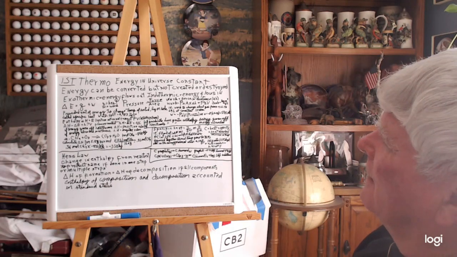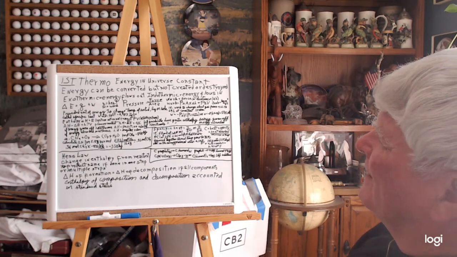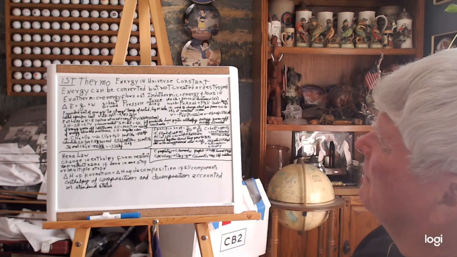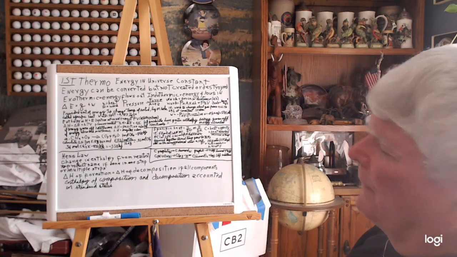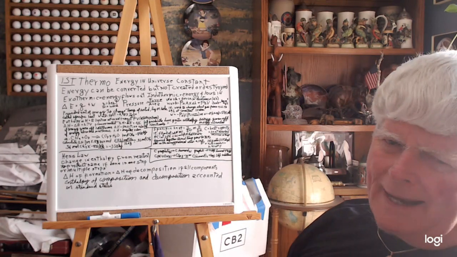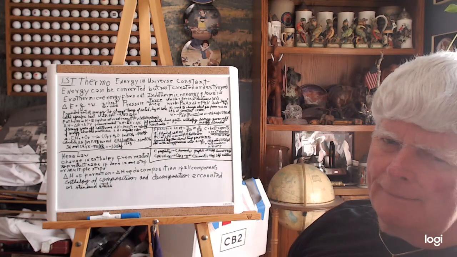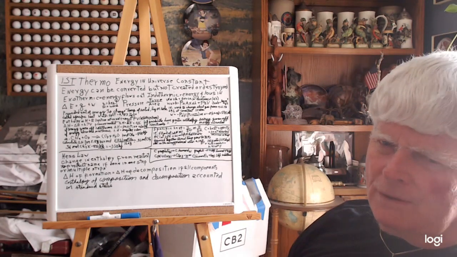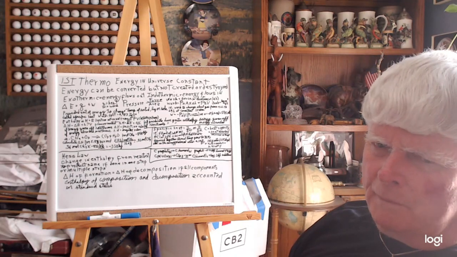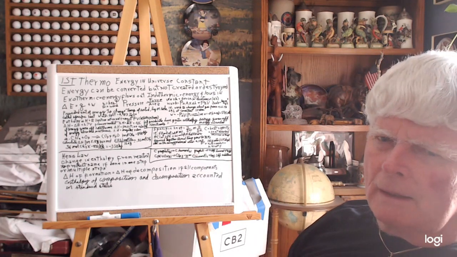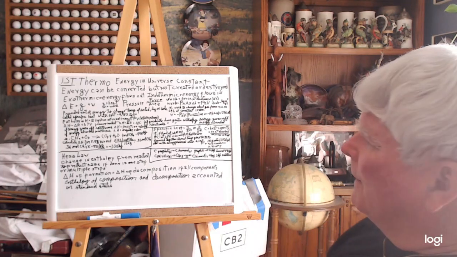With the pressure constant, delta H would equal the change in energy plus P times the change in volume. Now, if energy is given off, it's called an exothermic reaction. If energy is absorbed, it's an endothermic reaction. Those you need to know. That's two definitions in this material that you really need to know because you'll use them from now on.